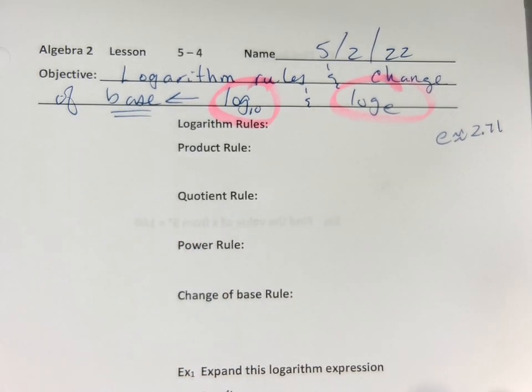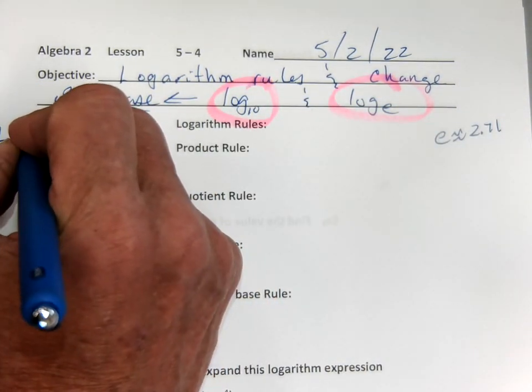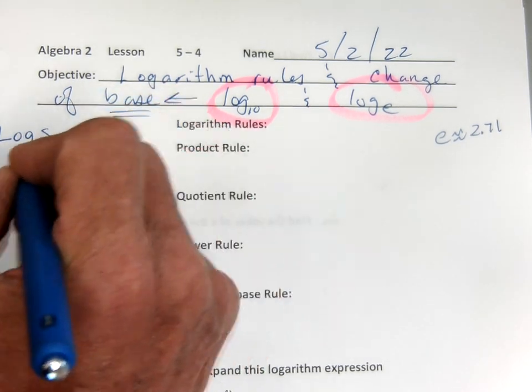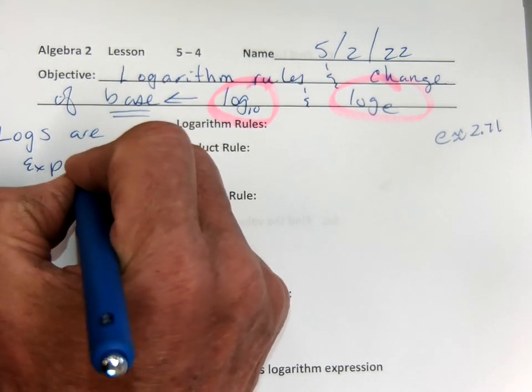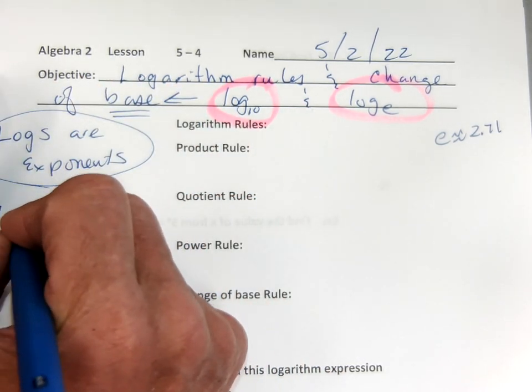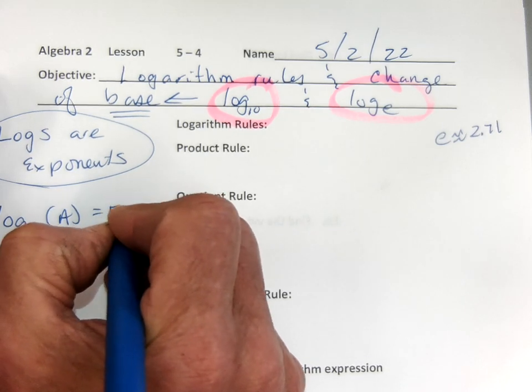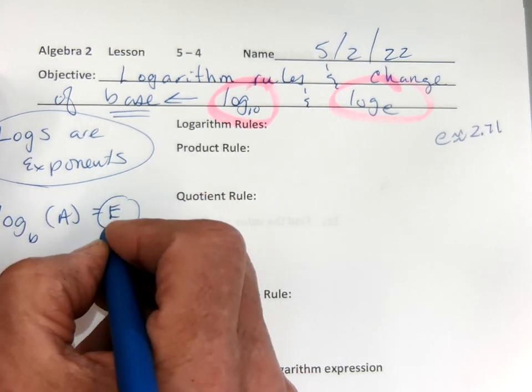Now the product rule. First of all, before we do anything, we know that logarithms are exponents. I know that because I've got log of some base of some answer equals e, and the e is the exponent.